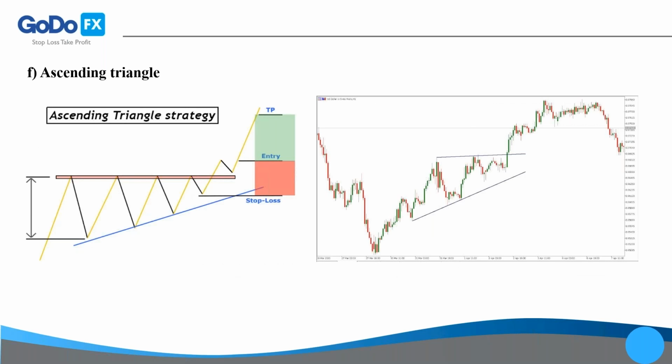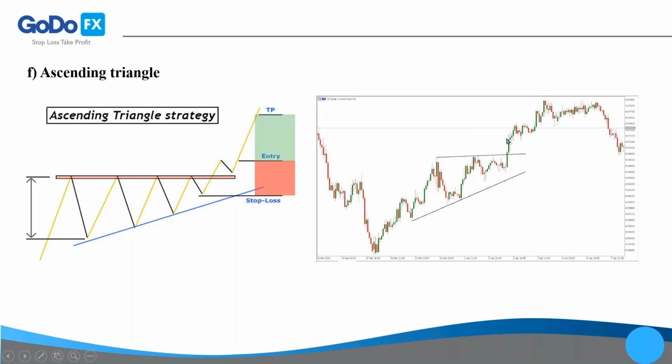Now for the ascending triangle, which is a bullish continuation pattern that forms during an uptrend. It is characterized by a horizontal upper trend line, or a resistance, and a rising lower trend line, the support line. Here is our support, and this is our resistance.